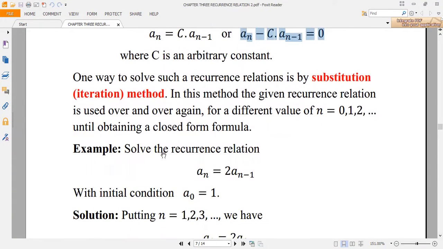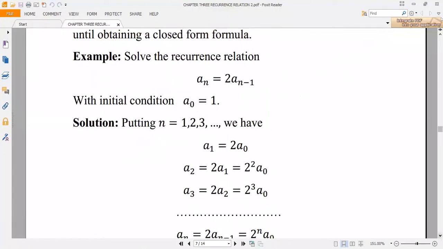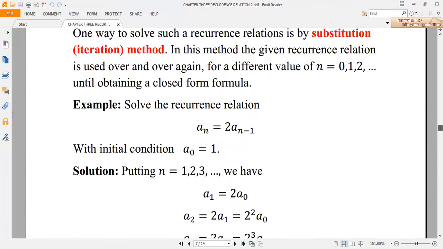The example says: solve the recurrence relation a_n equals 2 times a_(n-1) with an initial condition a0 equals 1. Using the iteration method, you substitute n equals 1, 2, 3 up to the nth term. Then we will get a recursive formula which is close to the solution of the given recurrence relation.